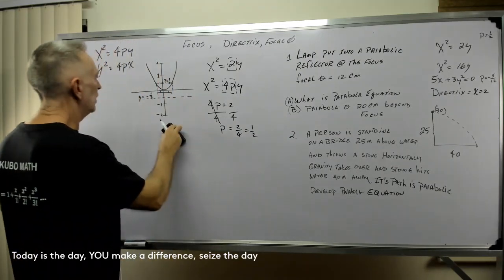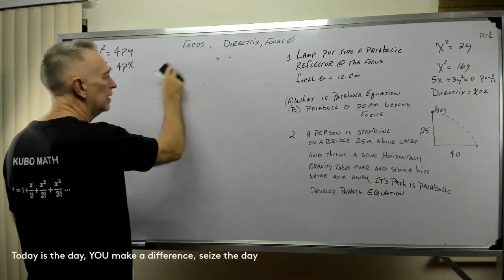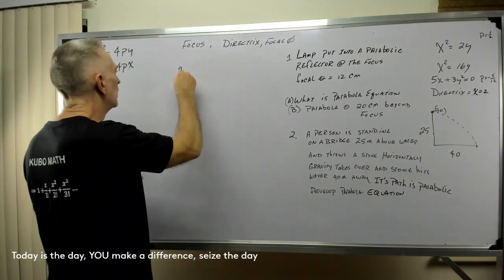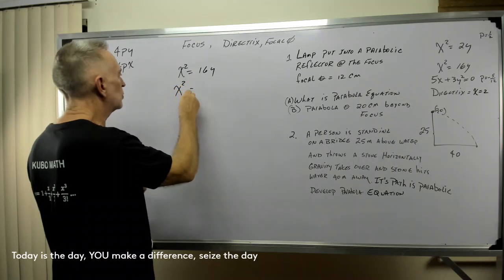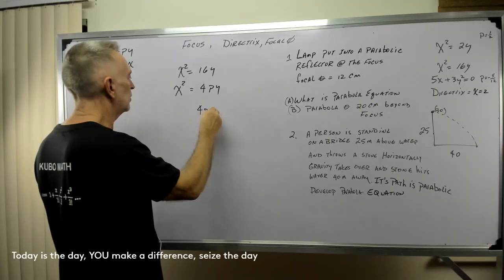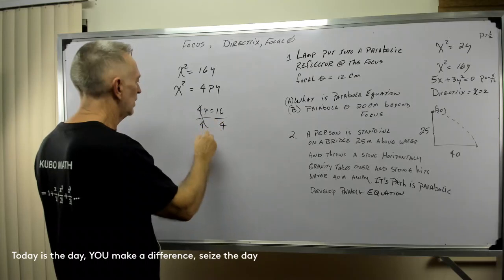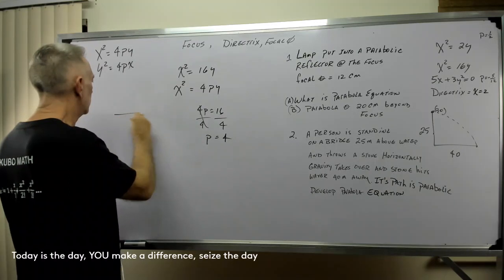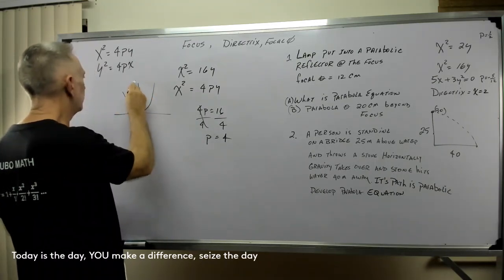Okay, let's look at another one here. What if we had x squared equals 16y? Remember, our equation is x squared equals 4py. So 4p then must equal 16. Divide both sides by 4. Okay, so p equals 4. So now you have a situation where you have this 1, 2, 3, 4.